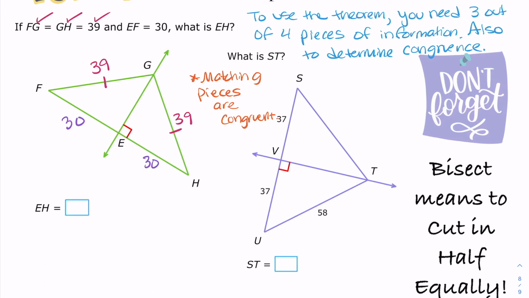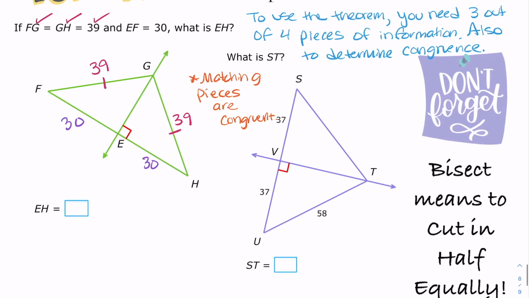So because we have this congruent to this and they match, it's not like FG is being compared to FE. And FG also isn't being compared to EH. If you look at this, it is the matching pieces. These 2 are the matching pieces, and then these 2 are the matching pieces. So because of that, this one also has to be 30. Okay, and that makes EH 30 length.